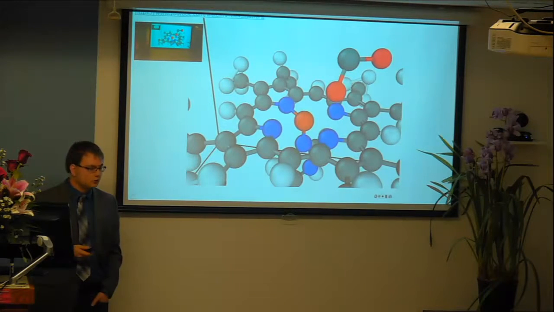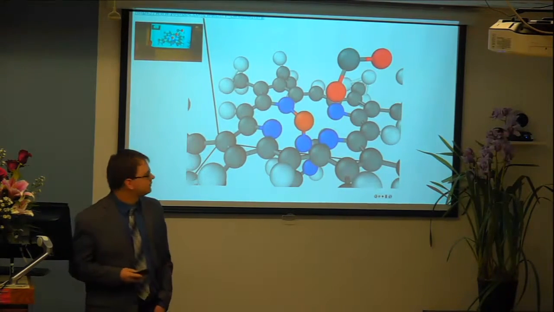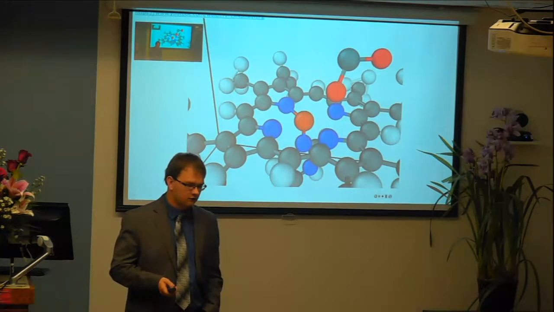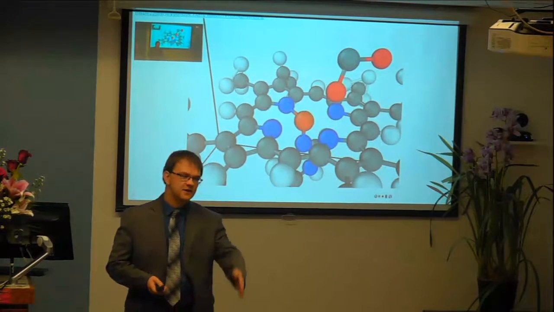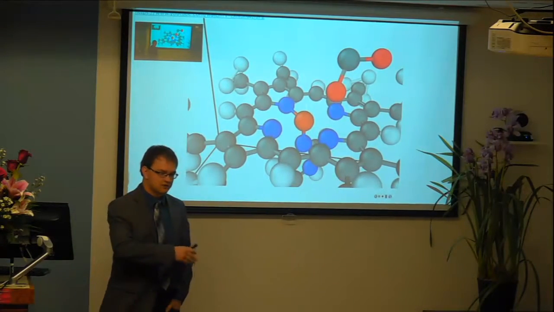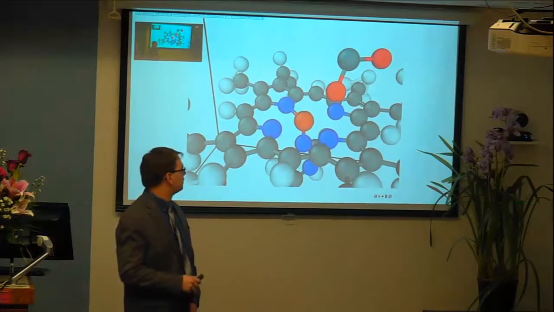So the chlorite ion is approaching here at a 60-degree incline to the plane, from the same plane as it would in real life, coming between the two carboxylic groups. That's where the pocket opens up to the outside world.